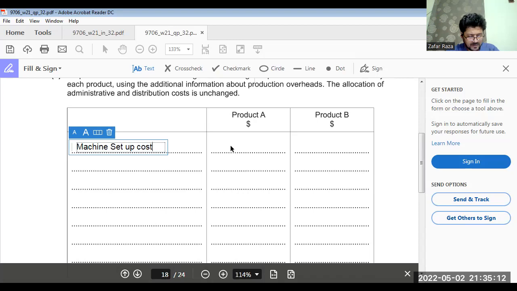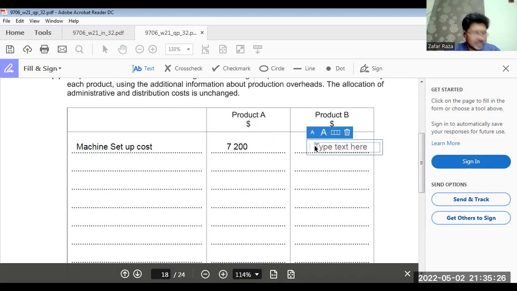So 12,000 multiplied by 60%, 7,200. And for product B, the remaining 40% of 12,000, 4,800. Done? Okay.